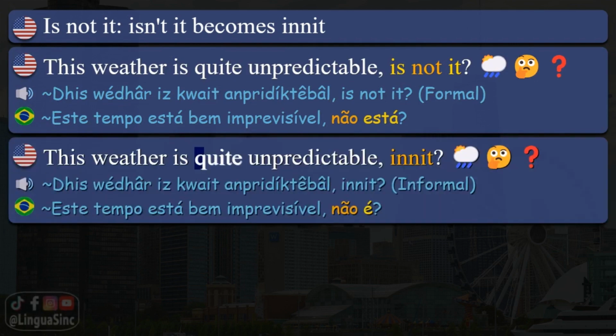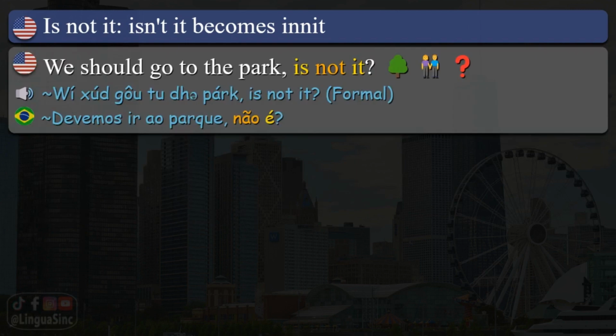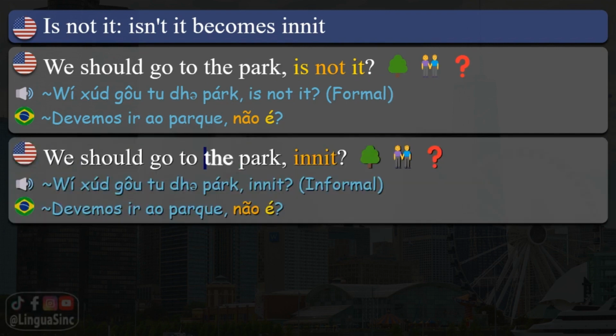This weather is quite unpredictable, innit? We should go to the park, isn't it? We should go to the park, innit?